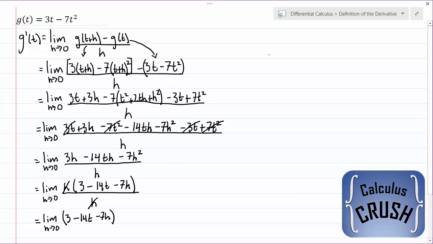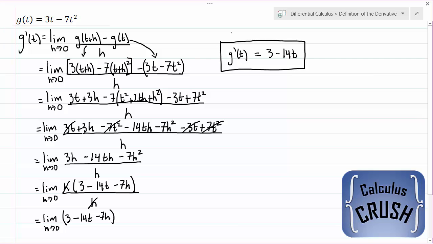So all we have left over is 3 minus 14t. So the h we set to 0, it made this term go away. That's it. That is our final answer. G prime of t is equal to 3 minus 14t.